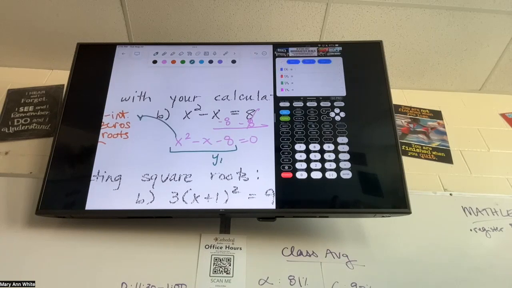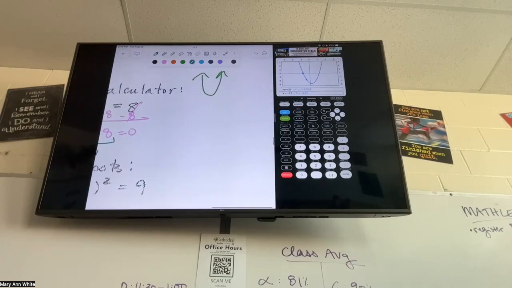So Y equals x squared minus x minus 8, graph, okay? And I'm gonna go find my intercepts again. So second trace 0, we want to go left bound of the first 0. I'm going to the leftmost 0, right bound a little bit lower. My 0 is at negative 2.4.